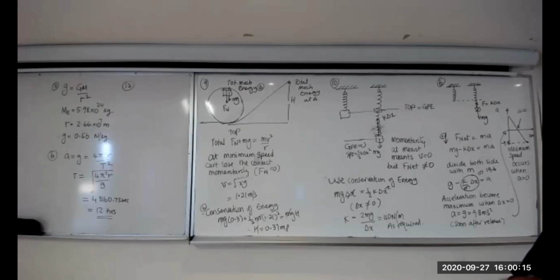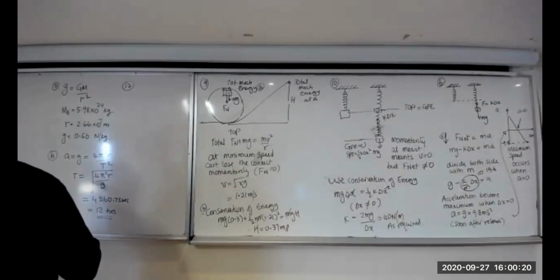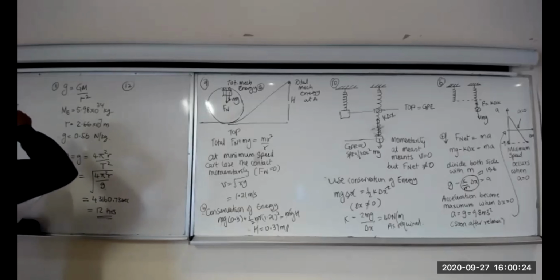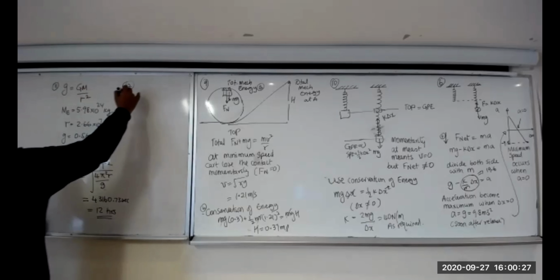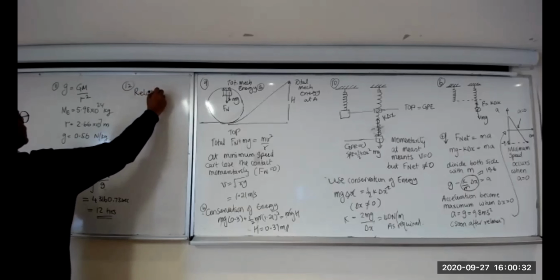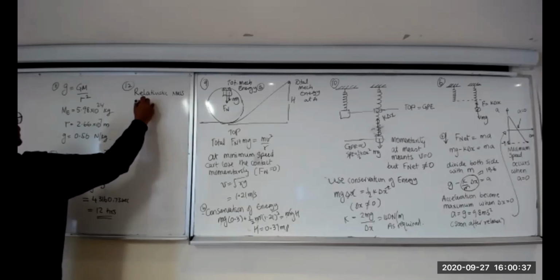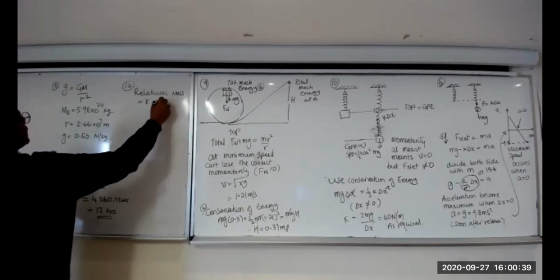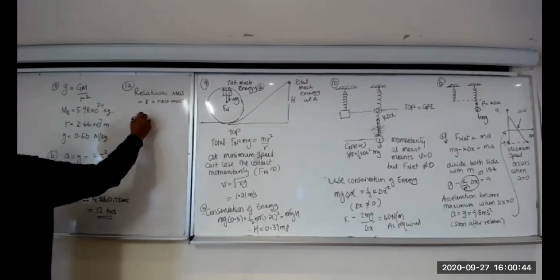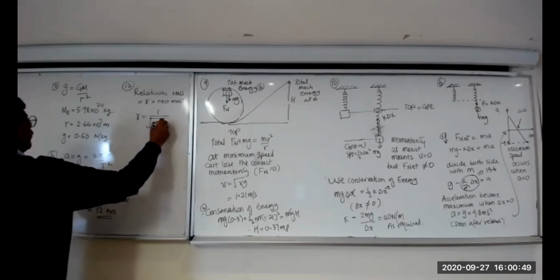Question 11. Question 12. They ask you to find the, remember, relativistic mass, which is gamma times rest mass. So gamma, you can find it using v squared on c squared.